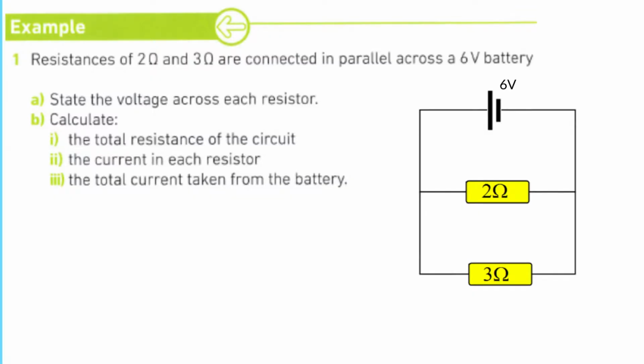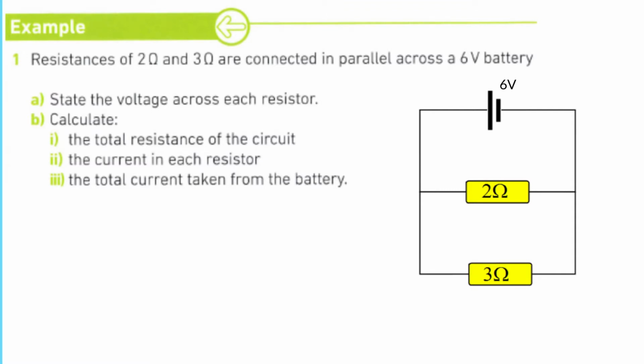So here we have an example. Resistances of 2 ohms and 3 ohms are connected in parallel across a 6-volt battery. Part A, state the voltage across each resistor. Now it says state, so that must be using some rule. So what do you think? Pause the video and see if you can think of a rule that gives you the voltage across these resistors.